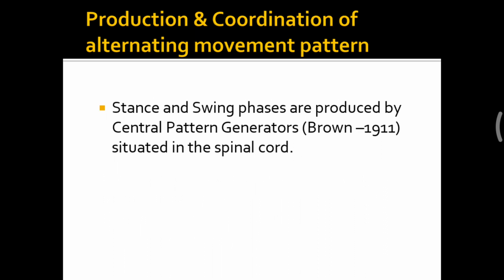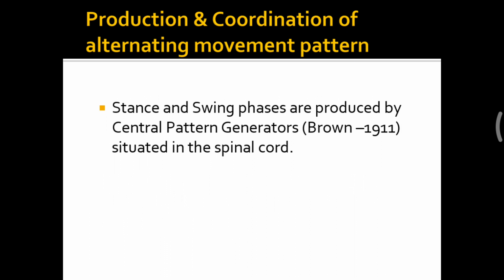Now, around 1911, there was a person called Graham Brown. He was primarily a neurophysician. He was trying to look into the spinal cord and see what's happening there, what connections are there in the spinal cord. And he identified something called a central pattern generator.